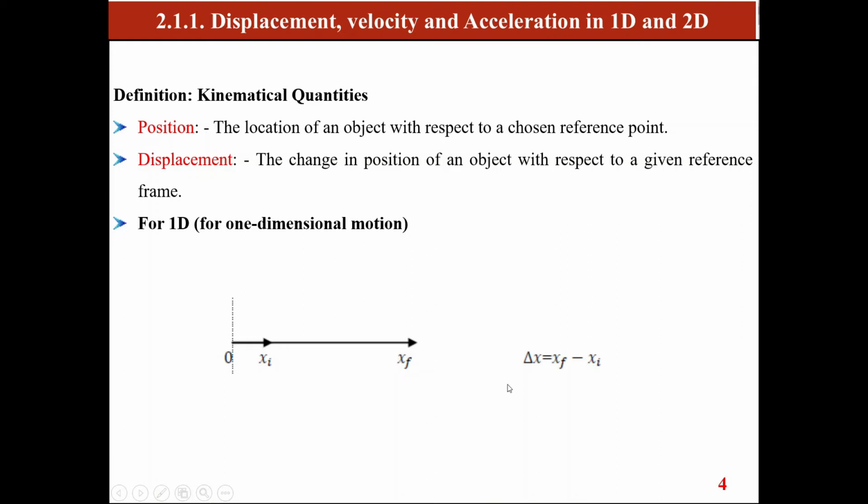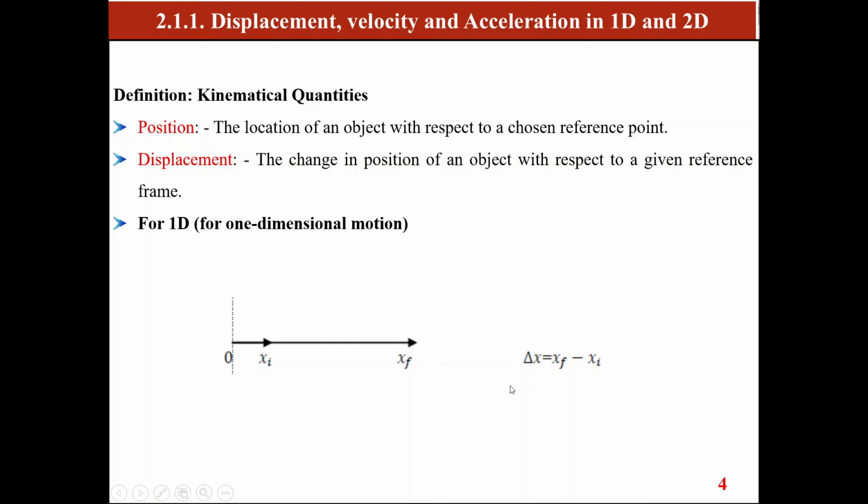So it's possible to get the change in x value, which is x final minus x initial. This is only for the case of one-dimensional motion. Displacement is the change in position of an object with respect to a given reference frame. So the displacement is just x final minus x initial.